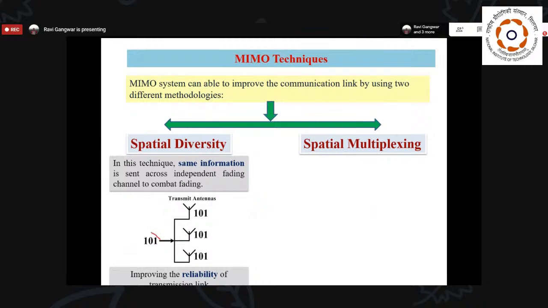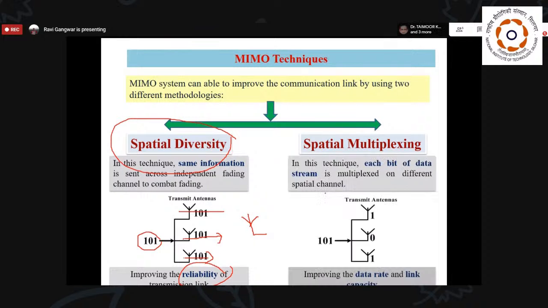Here we have one information signal, 101, and we transmit the same information from all the transmitting antennas. If we transmit the same signal through each and every antenna, then at the receiver side there is a maximum probability that we receive at least one signal. That's why we say this concept gives the major reliability of your system.